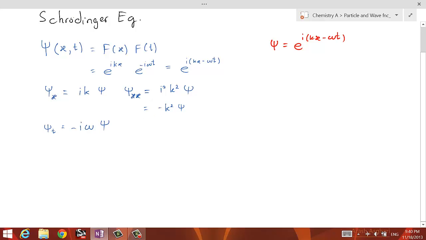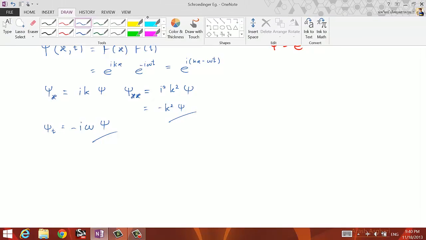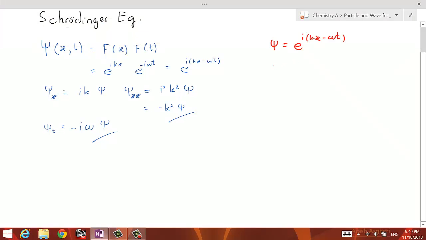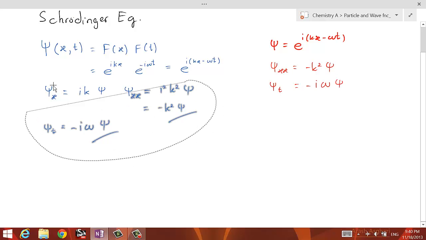I wouldn't need the other one; I need these two. I copy them here: psi differentiated by x two times equals minus k squared psi, and psi differentiated by time equals minus i omega psi.